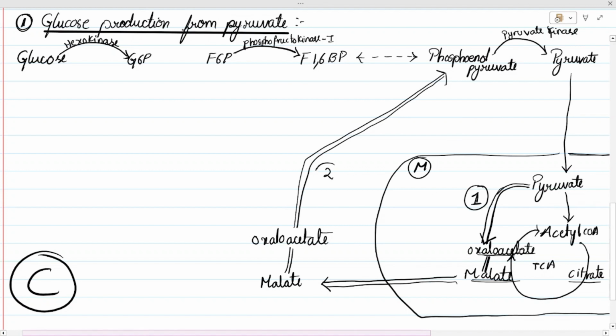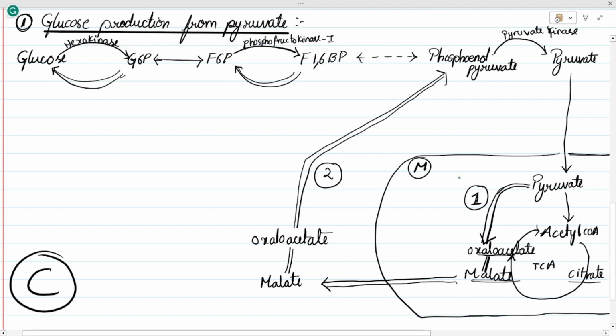And we have our second irreversible reaction taking place in the cytoplasm. The third irreversible reaction occurs in the cytoplasm. And we have our fourth irreversible reaction here, ultimately leading to the production of glucose. The conversion between glucose 6-phosphate and fructose 6-phosphate is reversible.